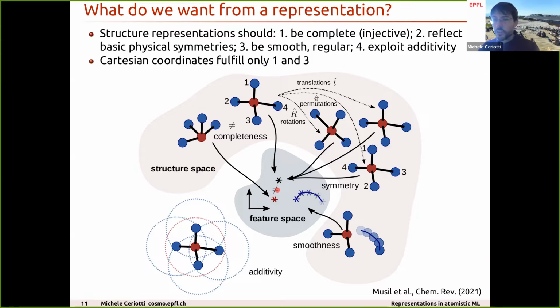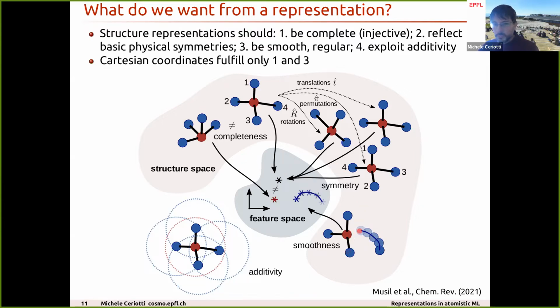And this is very useful because it means that your machine learning model will be automatically invariant to these fundamental symmetries. But as we also shall see, this makes it not so obvious to make sure that the mapping is injective. Then you usually want the mapping to be smooth.